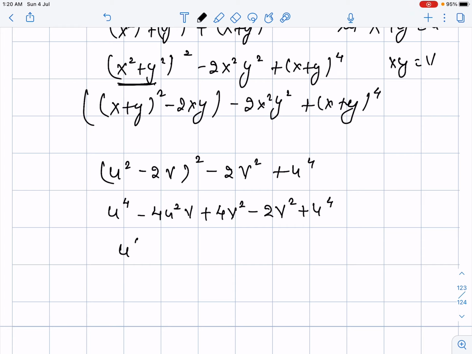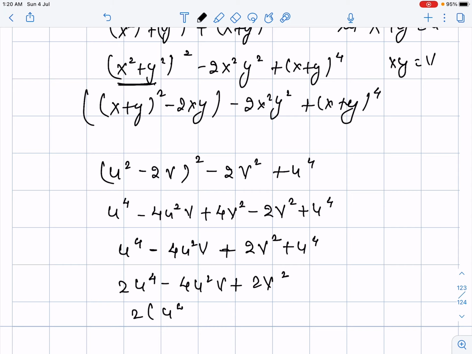That will become u power 4 minus 4u square v plus 2v square plus u power 4, and that will be 2u power 4 minus 4u square v plus 2v square. Now let's take 2 as a common factor over here. So u power 4 minus 2u square v plus v square will be written by us.